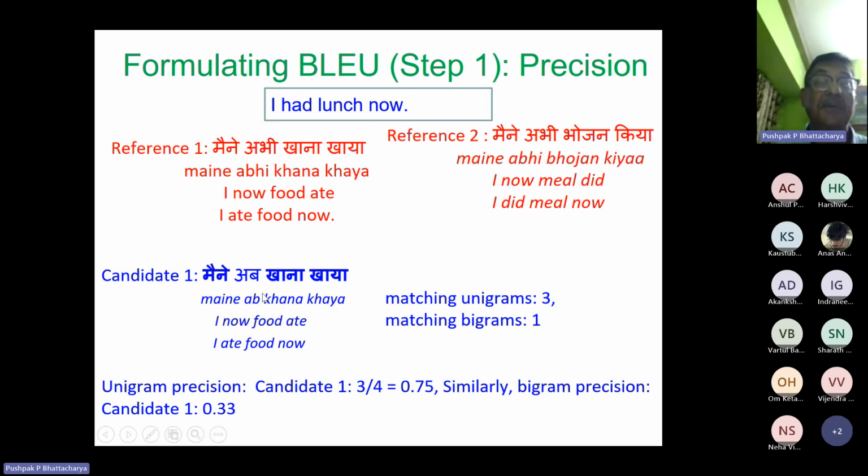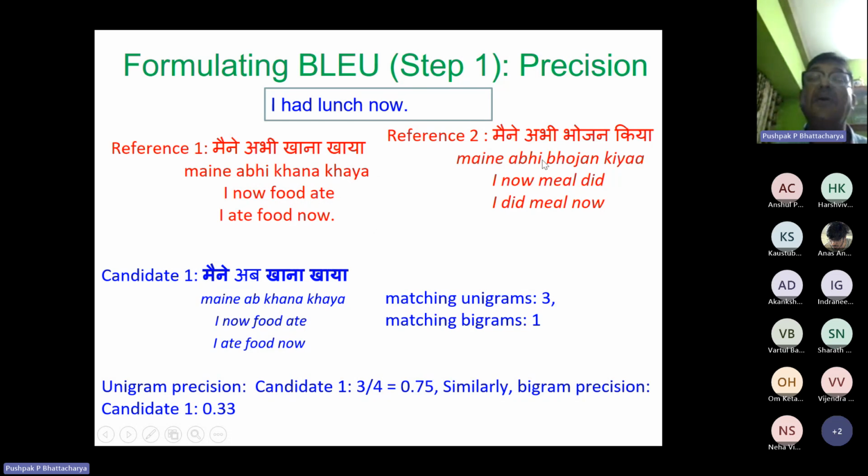Now we'll see how the BLEU score is computed. First, we have to find unigram matching. In the candidate translation, there are 4 unigrams: मैंने अब खाना खाया. Unigram means a single word. Out of these unigrams, how many are matching in the reference translation? मैंने finds a match in मैंने here. अब doesn't find a match. खाना finds a match in खाना. खाया finds a match.